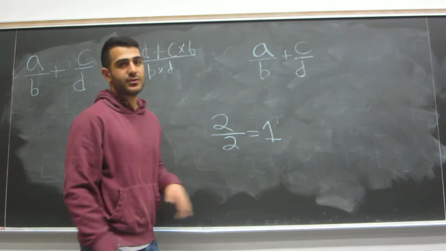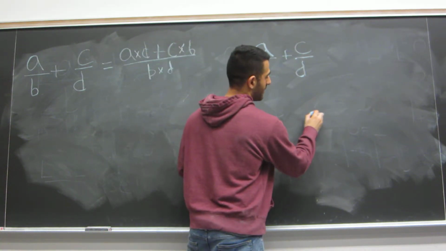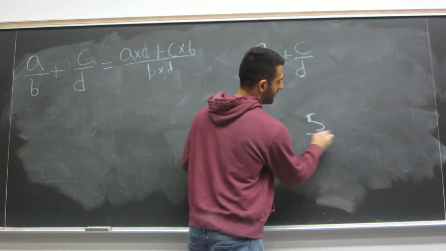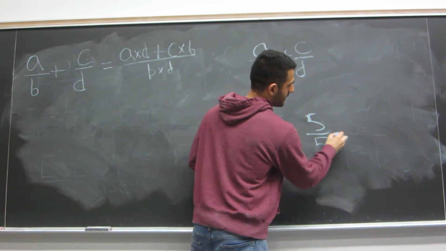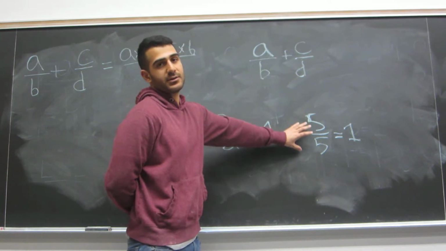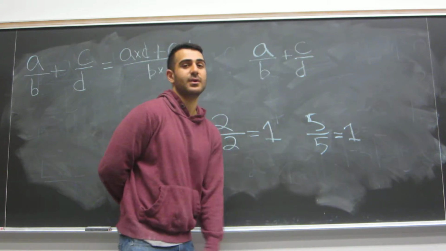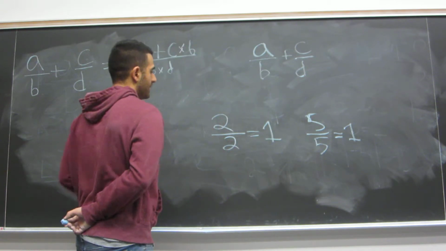So 2 over 2 simplifies to just 1. Or, for example, 5 over 5 again simplifies to 1. So any fraction which has the same number in the numerator and denominator always simplifies to 1. That's one thing we know.